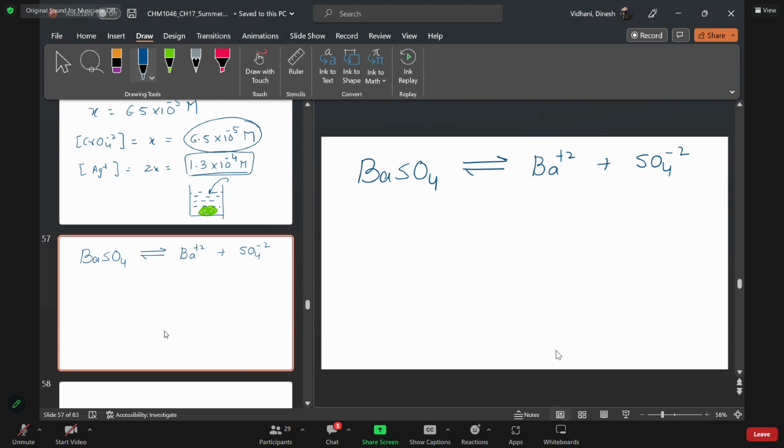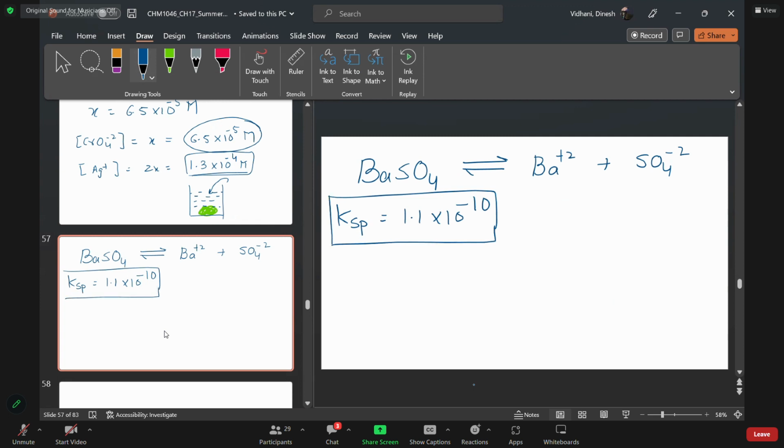Now, let me give you the value for KSP for barium sulfate. That one is 1.1 times 10 to the power negative 10. So KSP, I'm just going to write it here so we can solve this problem. Now this is given to you. Now, when I add barium sulfate in water, how much barium ions and how much sulfate ions should I be seeing?